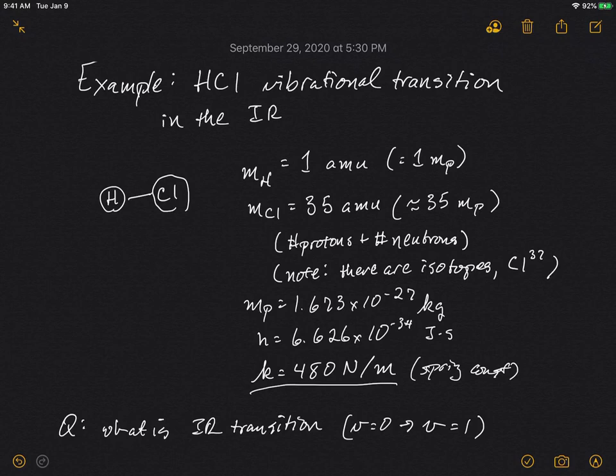But we're going to just use integer masses where, for a given isotope, say the chlorine 35, that's just the number of protons plus the number of neutrons. The actual mass in terms of mass of protons or in terms of Daltons or kilograms is going to be a little bit different than that, but we're not going to worry about that too much.